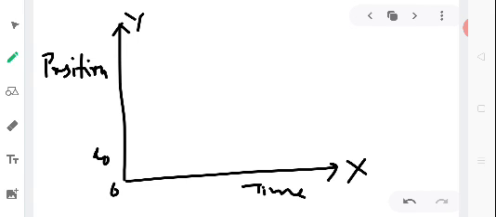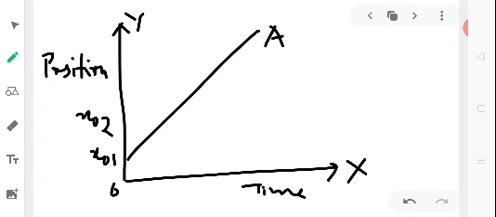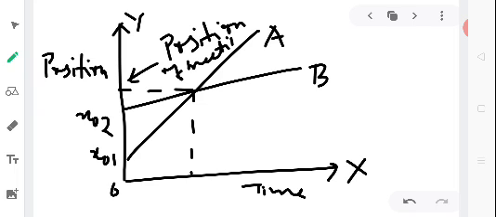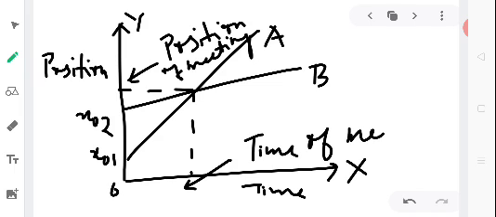This is the starting position for A, and this is the starting position for B. This will correspond to the position of meeting, and this will correspond to the time of meeting.